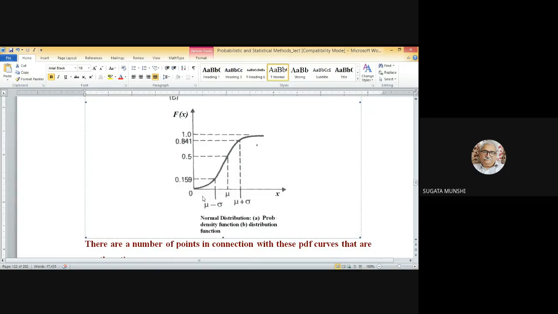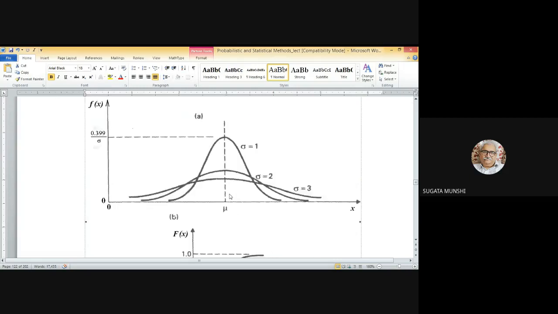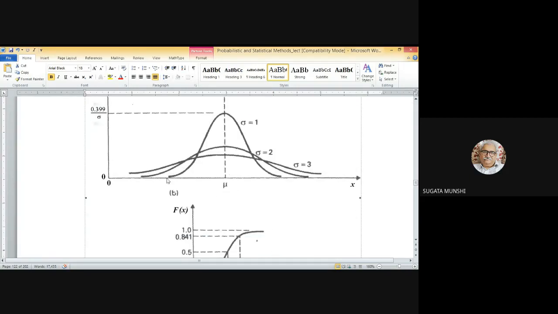Why will that happen? What is capital Fx evaluated for x equal to mu? It is the area under the density function over minus infinity to mu.